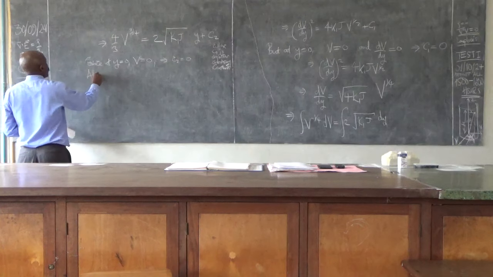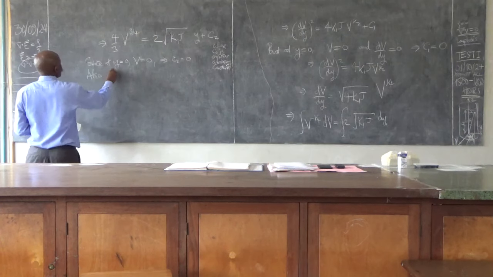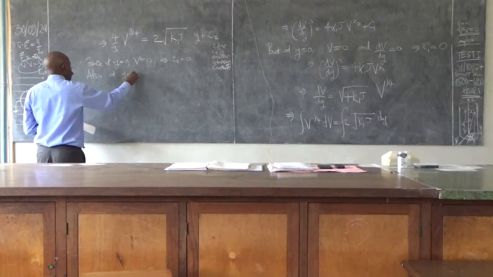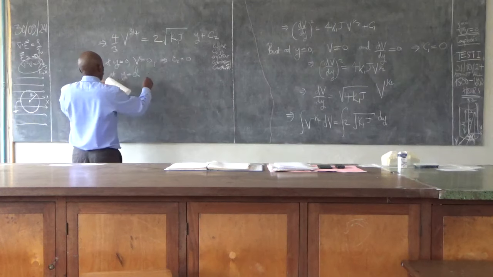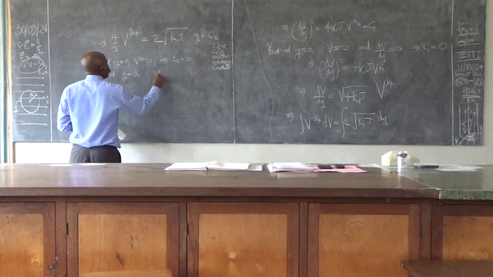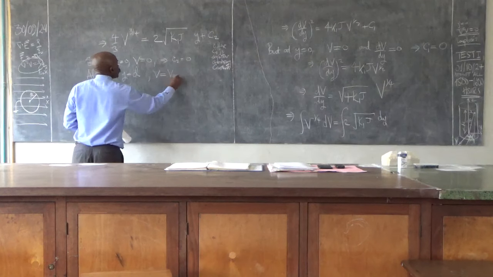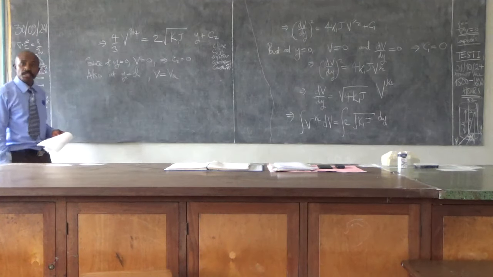Also, we said that at y equal to D, the second plate, the potential was the same as the potential of the anode, VA.